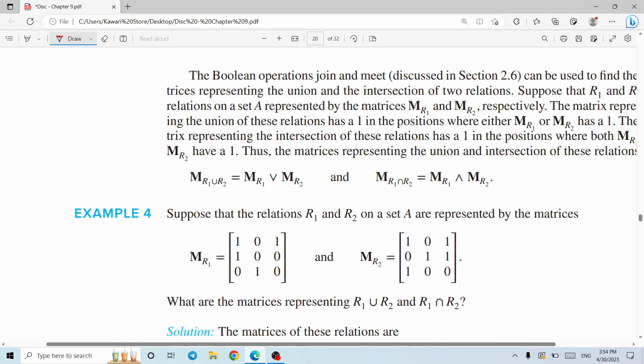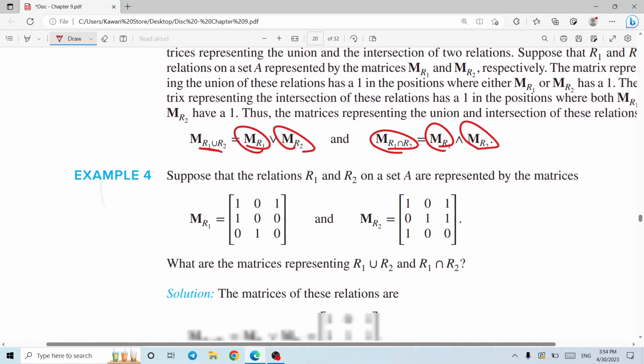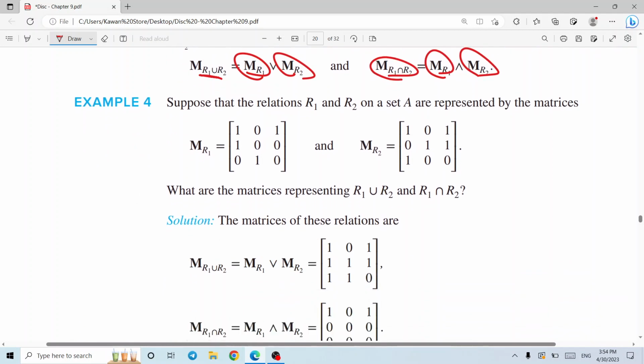Now, union between two relations means union between two matrices. Intersection between two relations of the matrix means the first matrix and the second matrix, and you have the idea. Kindly check the previous chapter, the last section about the matrix. Here we need them. So we have R1 and R2 as matrices.